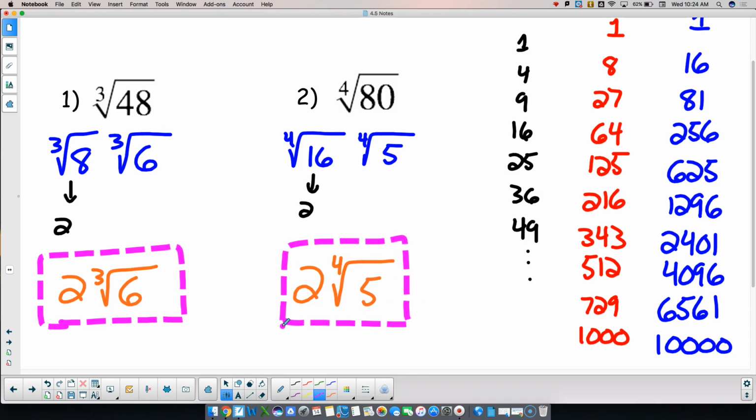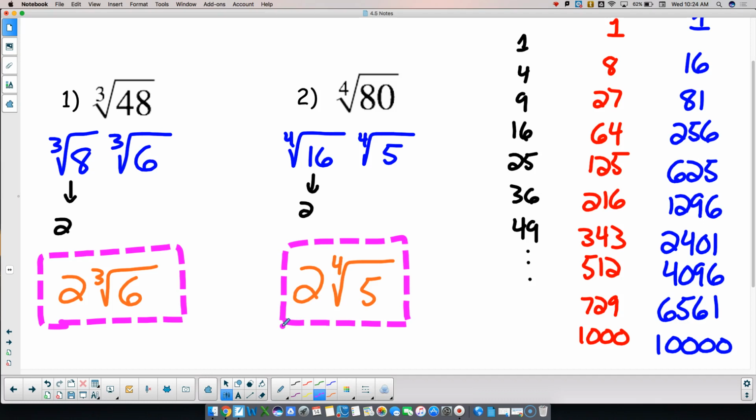Now, my question to you is this. What if you didn't write down the list? I know that happened to some people, because I have 2 eyes that work and can see out farther than 5 feet. The list of perfect cubes, the list of perfect squares, the list of perfect fourths. What if you didn't write that down?